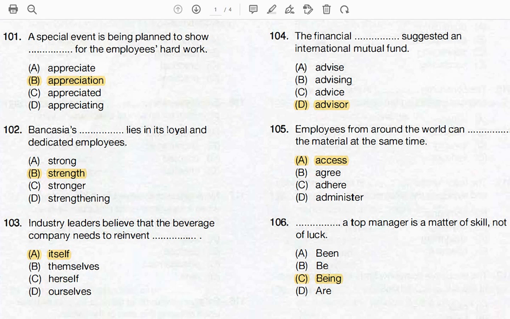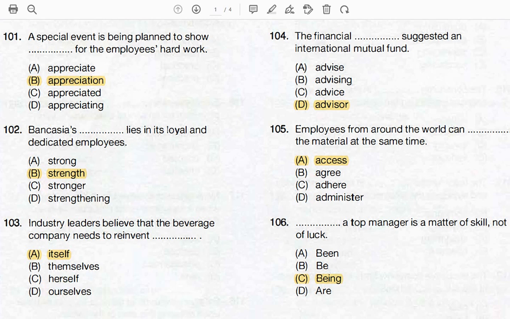Appreciated, see, is a past participle. And appreciating, gerund, is a present participle. The next, Pancasius' strength lies in its loyal and dedicated employees.